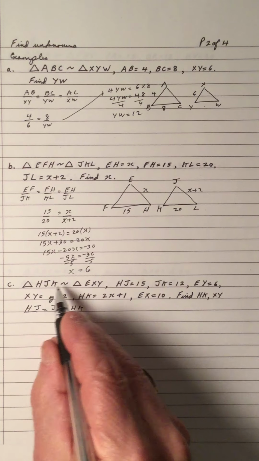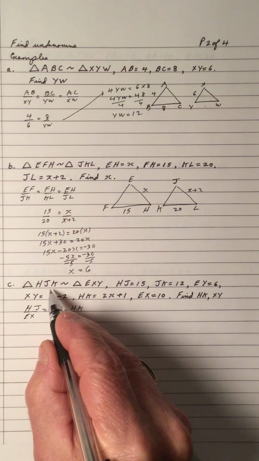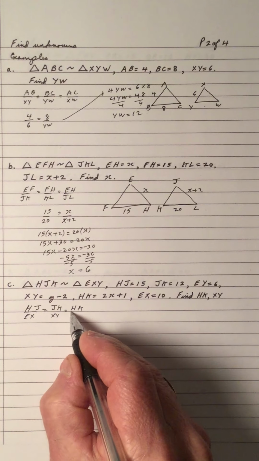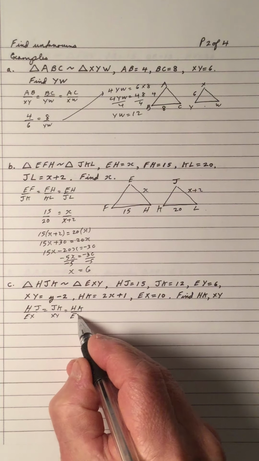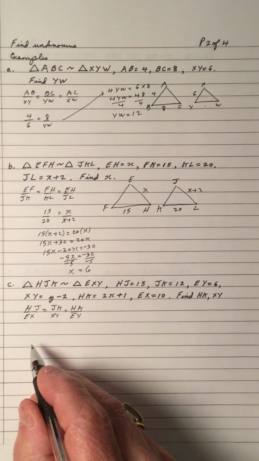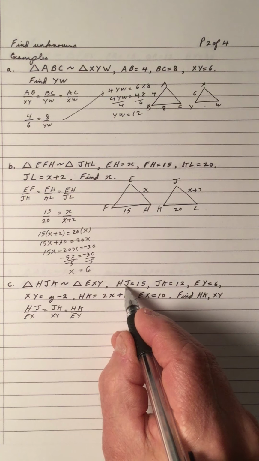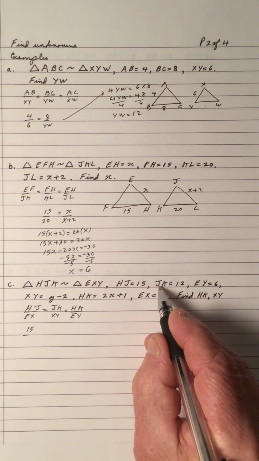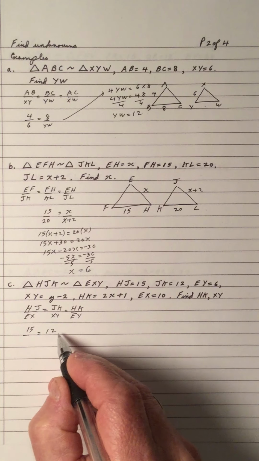So I go HK is EX, and then JK is XY, and HK is XEY. So the order I use here is the same order here. Now we fill in what we have. HJ is 15. JK is 12.